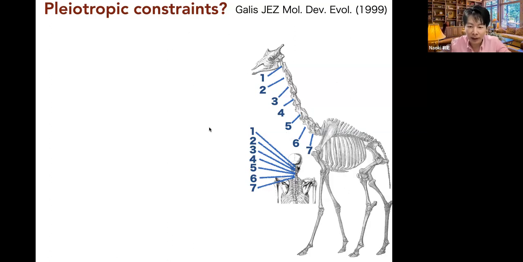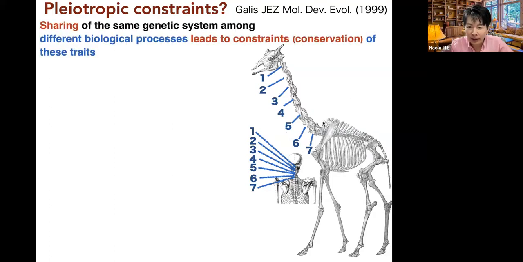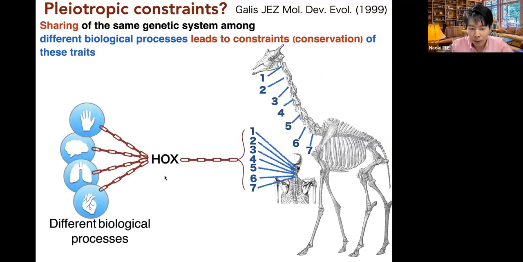We still do not know the exact mechanism, but one possibility proposed by Fritz and Gallus, who was interested in why mammals almost always have 7 cervical vertebrae, even though some species have long necks and some have short necks, is that important genes like Hox connect a variety of biological systems or processes.